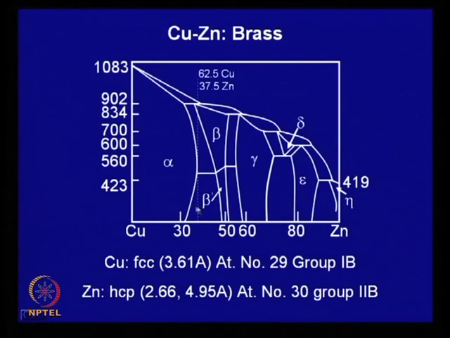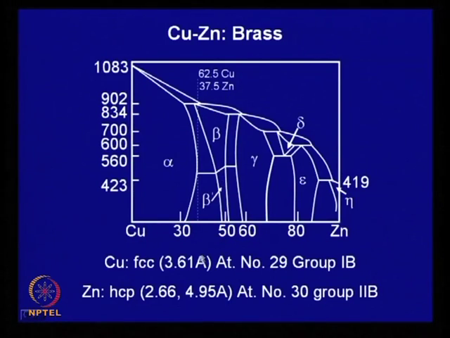So, what you find here are several intermediate phases, like one here is beta and here there is beta prime. If you cool below a particular temperature, the beta also has a composition somewhere close to around 50 atomic percent zinc.